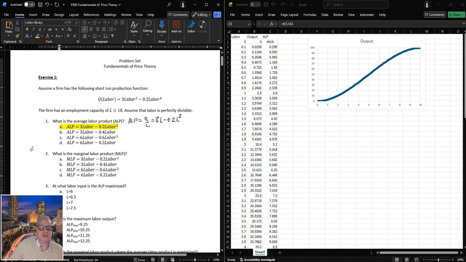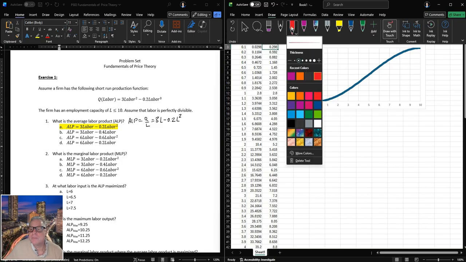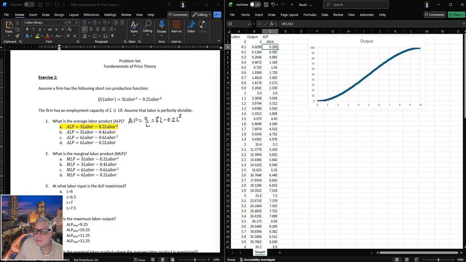Okay, what is the marginal product of labor? The marginal product is the slope at any point. You can see that the slope is initially really flat, and then it gets steeper and steeper, and somewhere there is a point of inflection, and then the slope becomes again flatter and flatter and flatter.